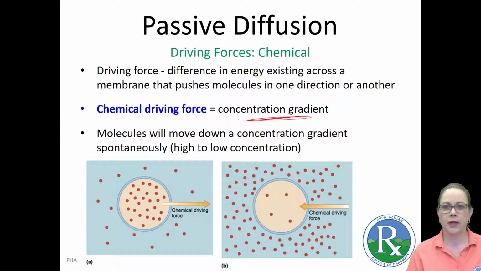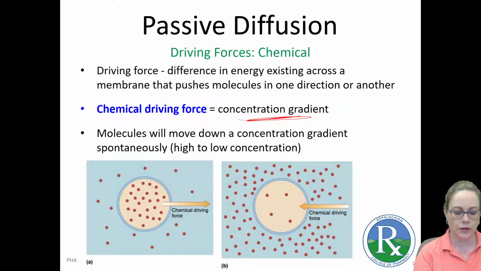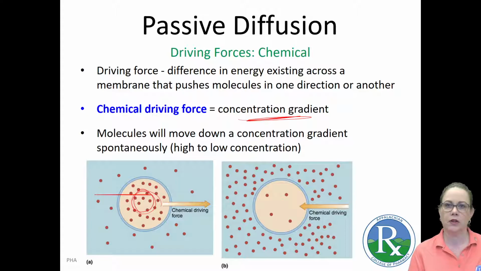Molecules spontaneously, again without any energy, want to move from an area where they're in very high concentrations to areas of lower concentration. So if we look at our two examples on the bottom of the slide, our red spheres in panel A have a higher concentration inside the cell compared to the extracellular fluid. So in this instance, the chemical driving force is going to be for those to move out of the cell.